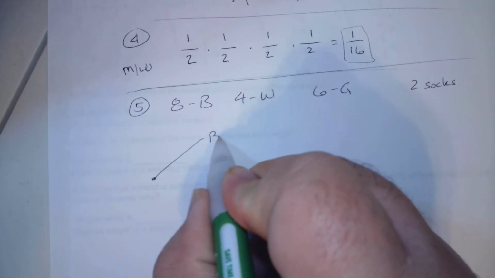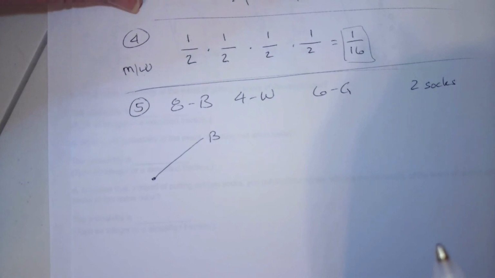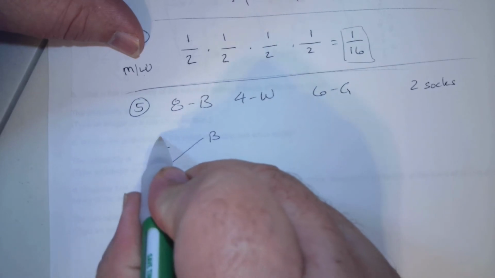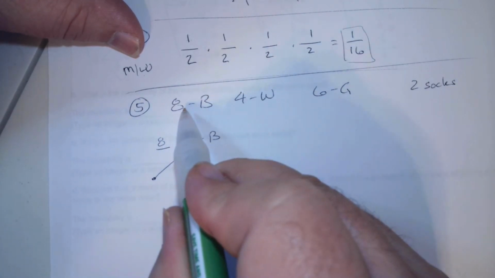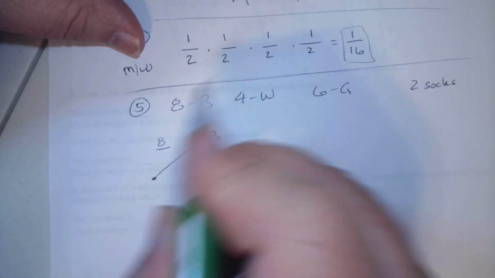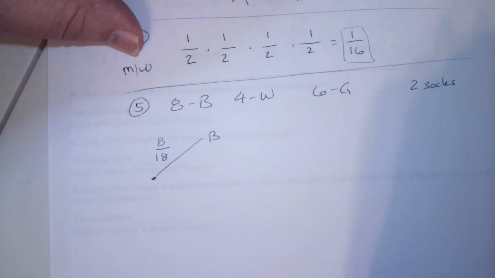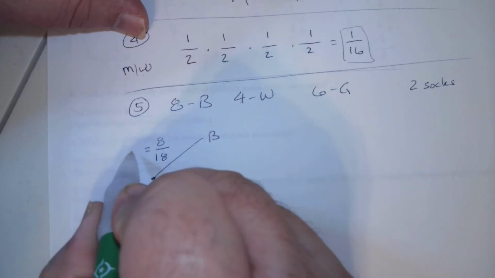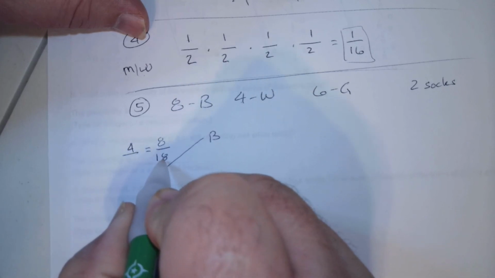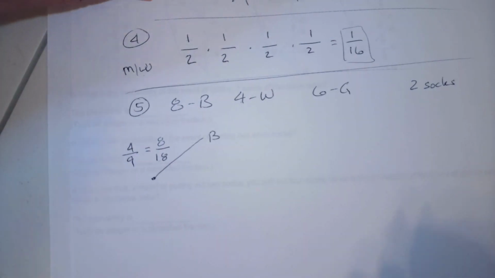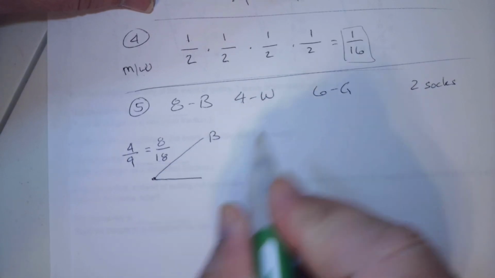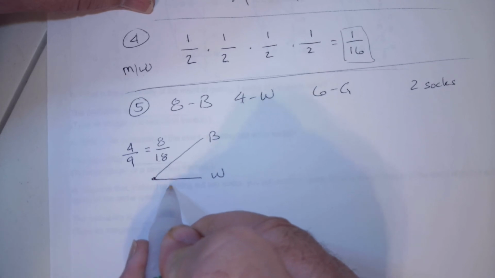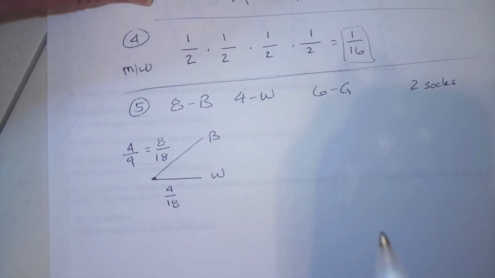The first one is a blue sock. So what's the probability of a blue sock? So we know in total we have 8 blue socks out of 8 plus 4 is 12 plus 6 is 18. Okay, that simplifies. 2 goes into 8 4 times. 2 goes into 18 9 times. Probability of getting a white sock is 4 out of 18.